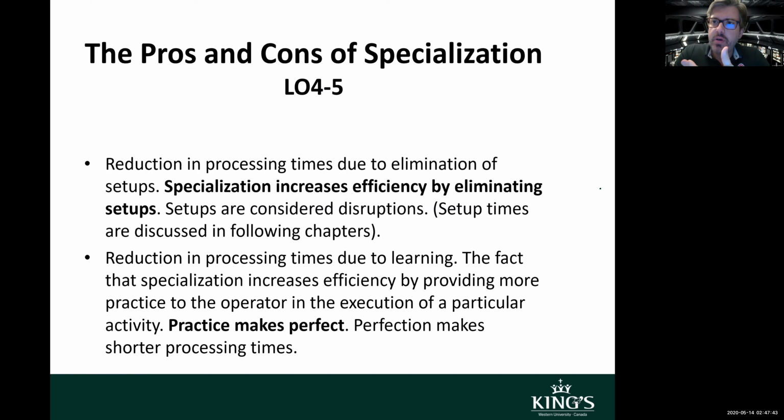But by doing so, remember that I mentioned to you, we need to divide those tasks into the smallest steps possible, right?